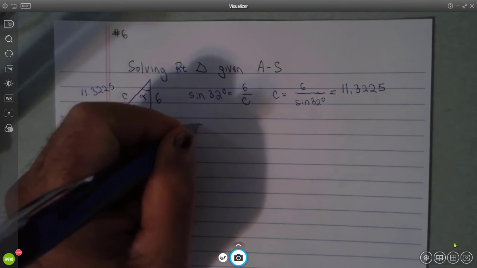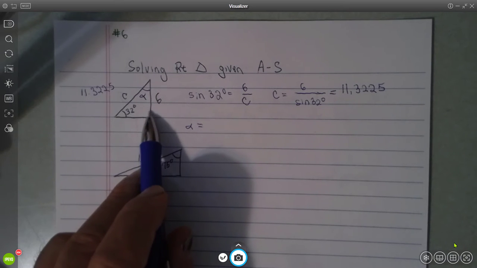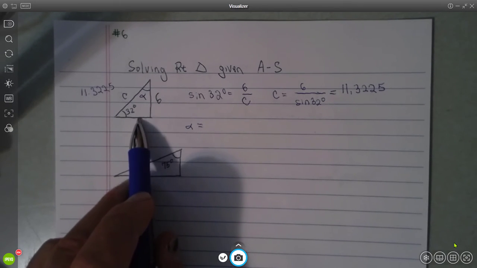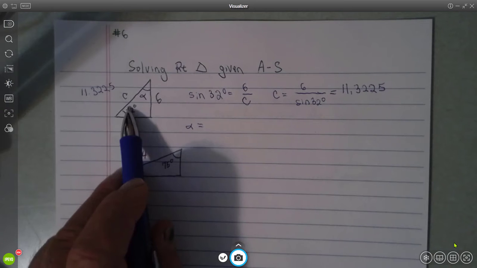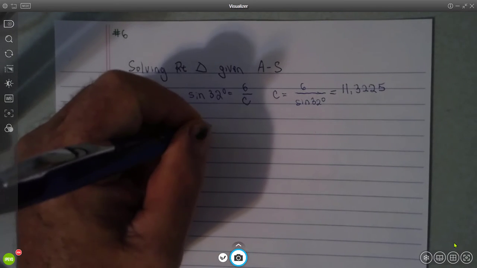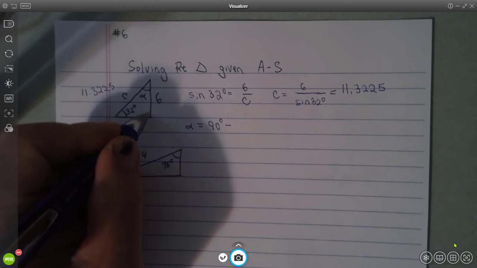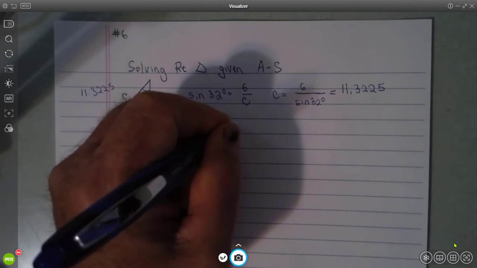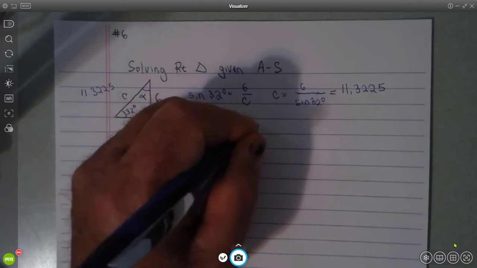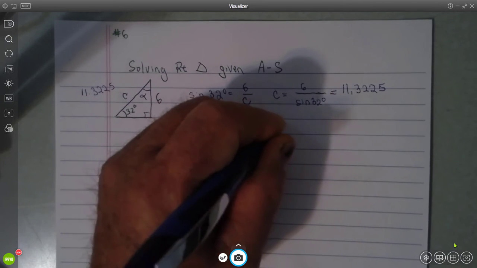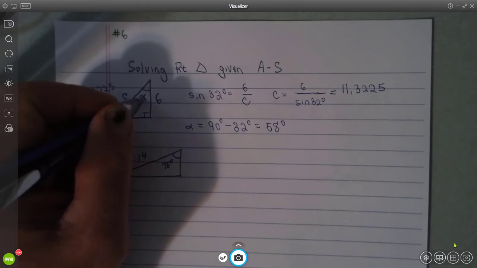We know that 90 degrees of the 180 are used up here, so we have 90 between those two. Of those 90 that are left over after you take into account the right angle, we've used up 32. So 58 remain, and we have this angle here.